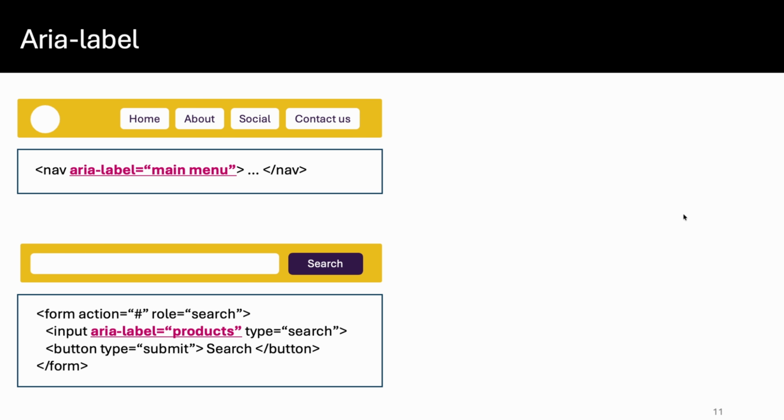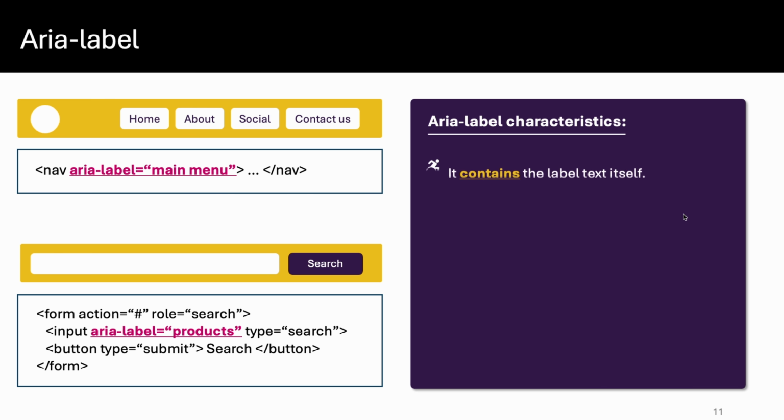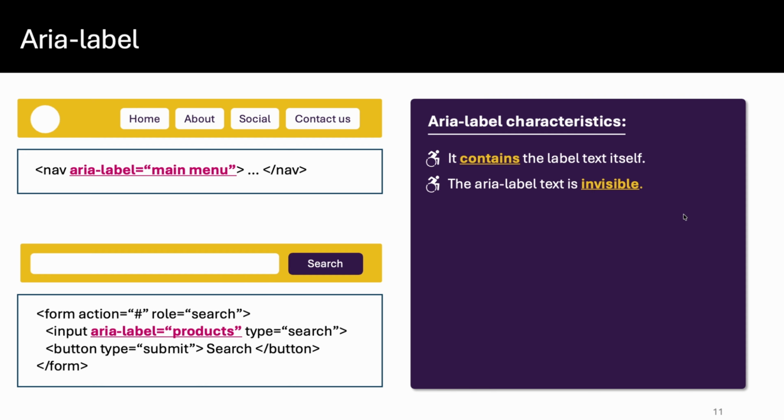Now there are a few things that you must consider when working with aria-label. It contains the label text itself. You have to write the actual text that you want assistive technologies to announce. ARIA label text is invisible. It's not provided on the page, so your sighted users with low cognitive abilities might not be able to see it.